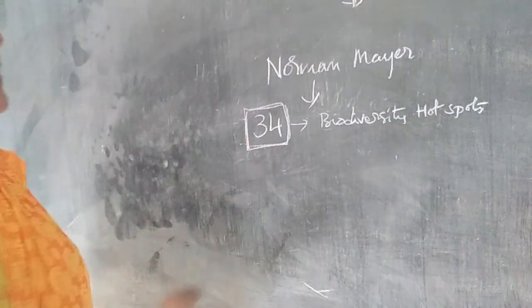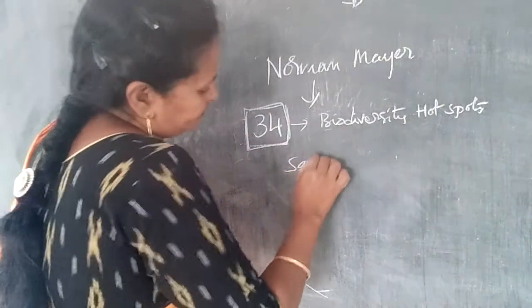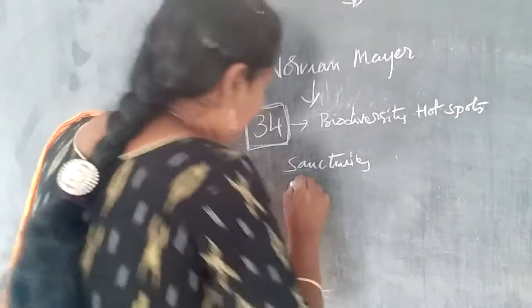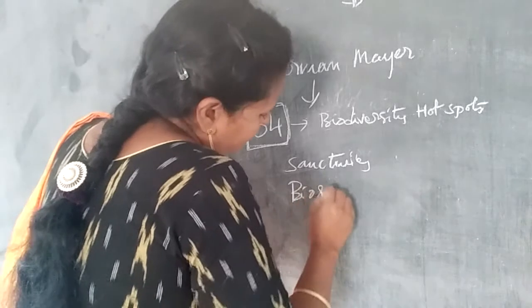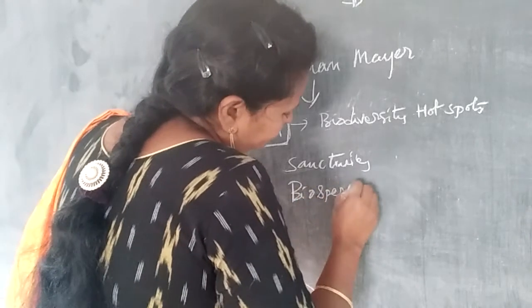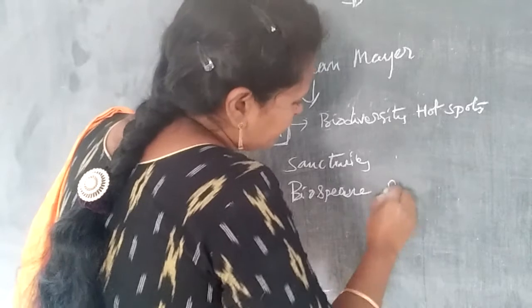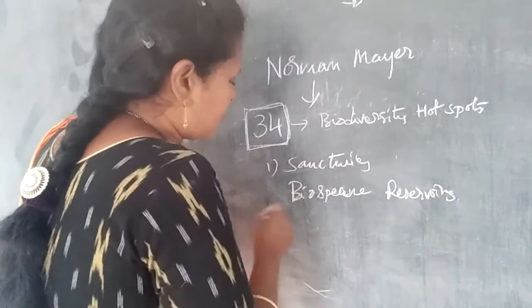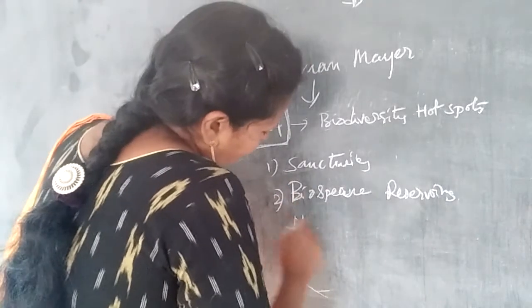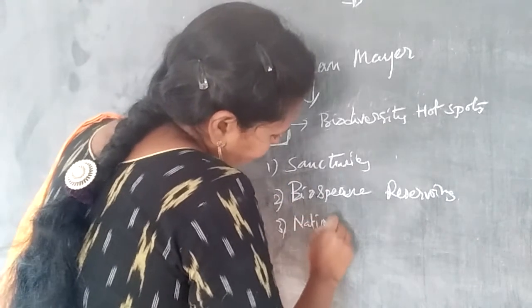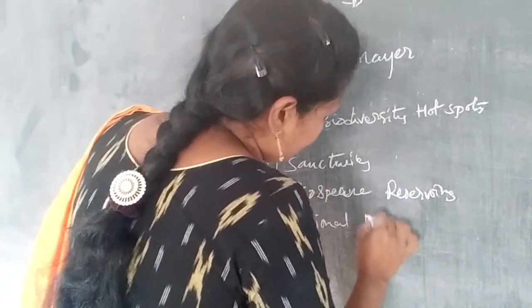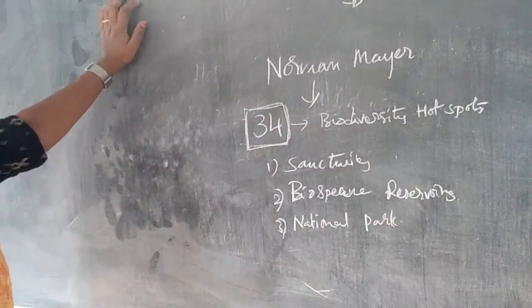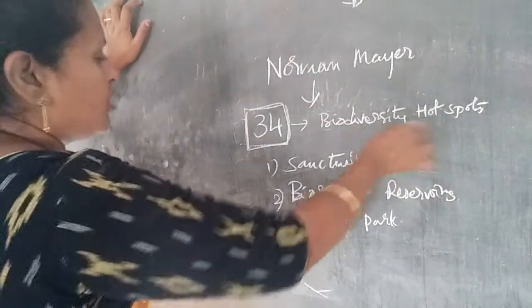They are mainly sanctuaries, biosphere reserves and national parks. These are the main structures of the biodiversity hotspots.